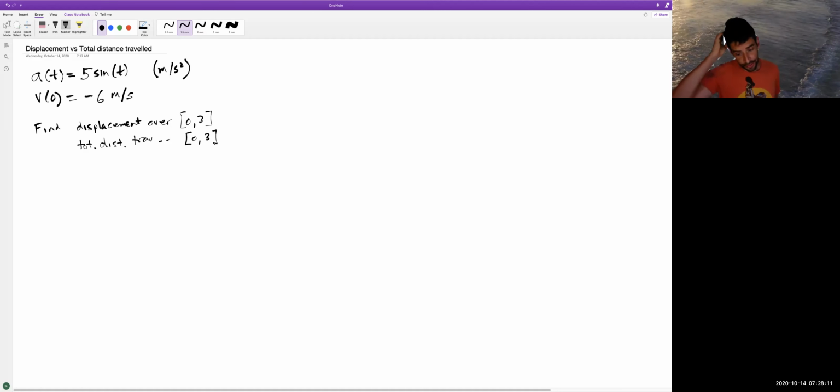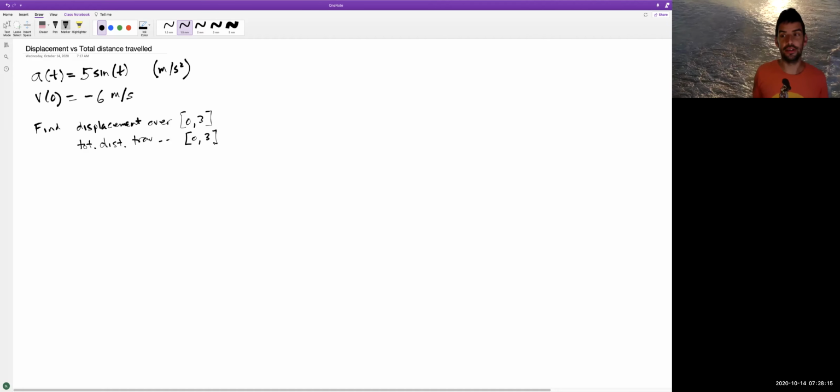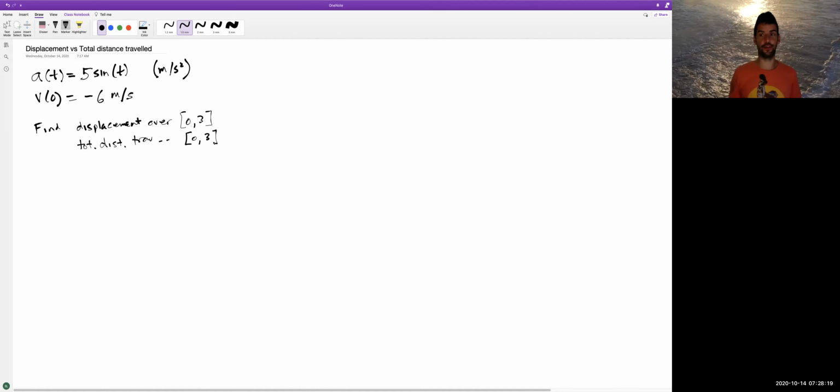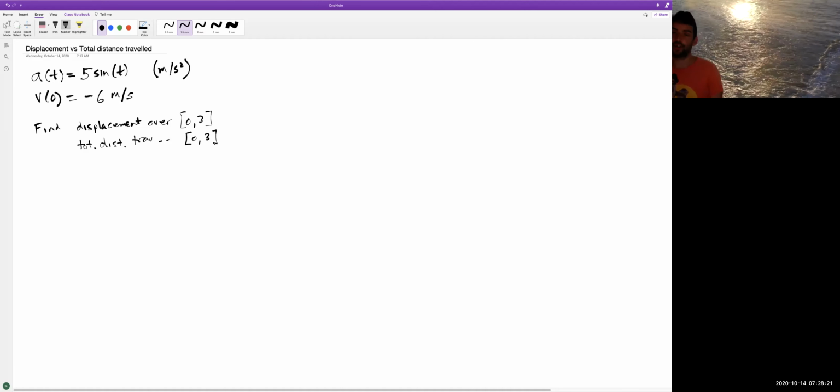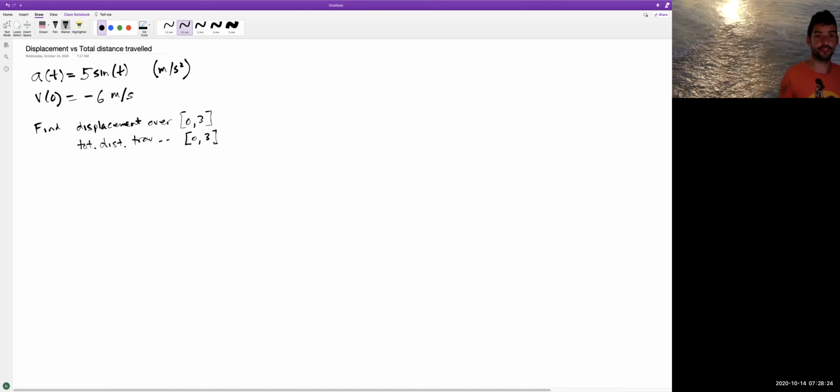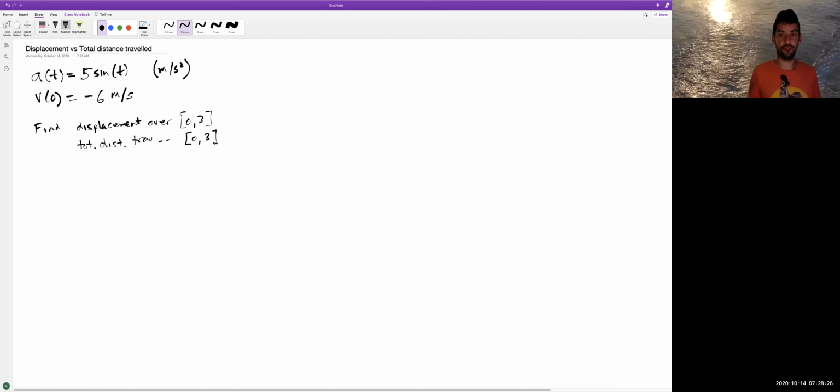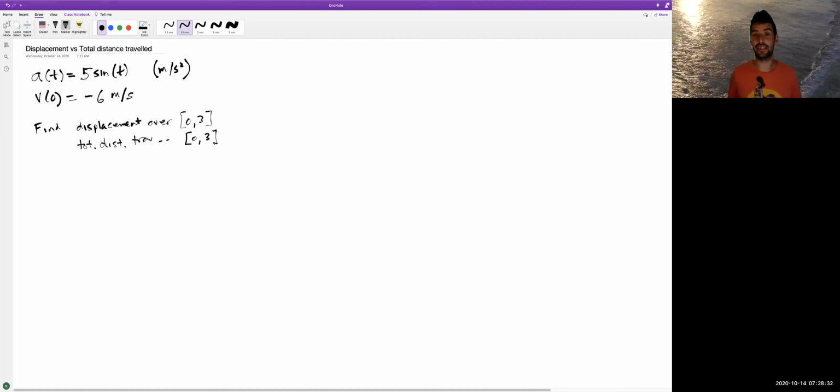So the difference between these two quantities: if I go for a walk and sometimes I step in one direction and sometimes I step in the other direction, displacement is how far am I when I finish from where I started. Total distance traveled would be how many steps did I take, right?